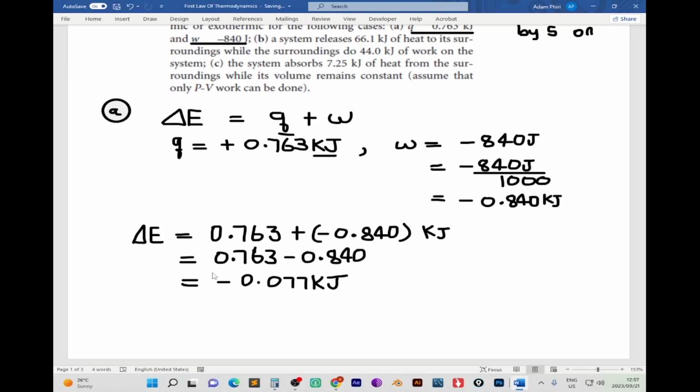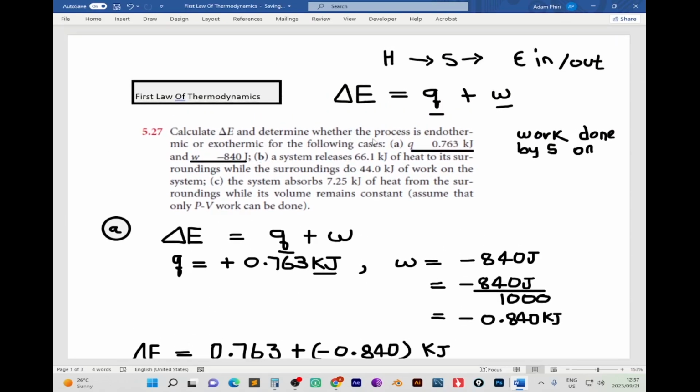So that is the answer for the internal energy. Then the question also says to determine if it's endothermic or exothermic.